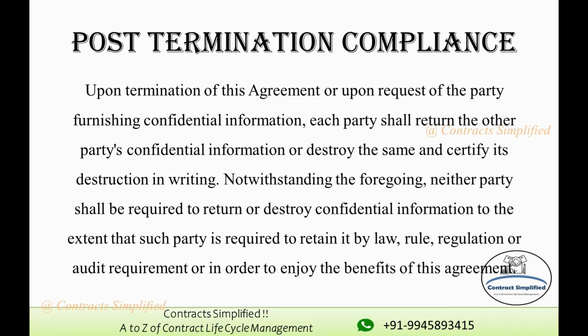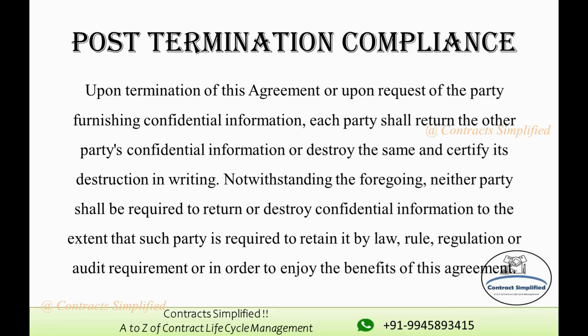Notwithstanding the foregoing, neither party shall be required to return or destroy confidential information to the extent that such party is required to retain it by law, rule, regulation, or audit requirement, or in order to enjoy the benefits of the agreement. So here you can see that they have specifically mentioned the return or destruction of the confidential information after the termination of the agreement.